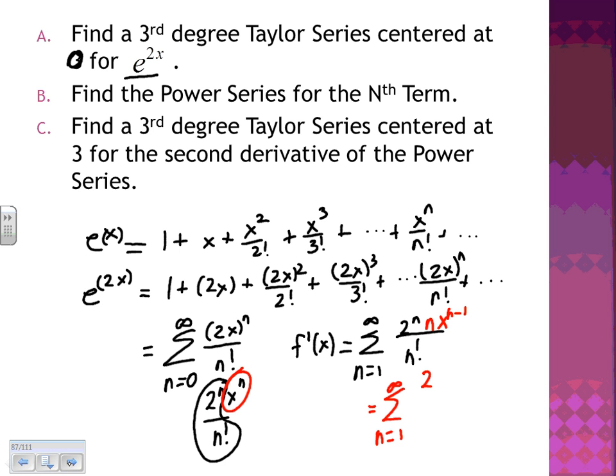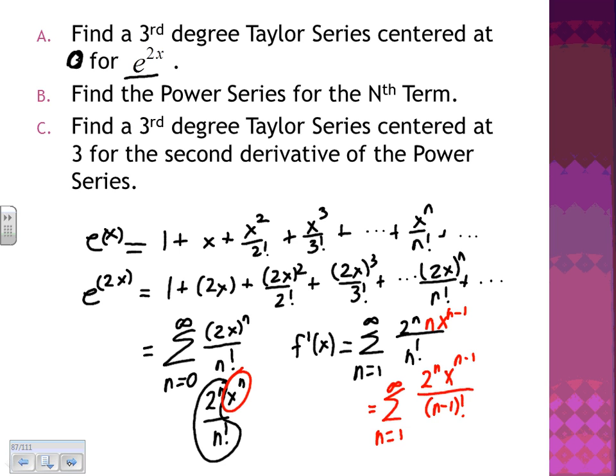Let's see, that could be 2 to the n x to the n minus 1 over... How would that cancel? n minus 1 factorial, right? Yeah. You could pull out an n here and cancel. You could do other things, but what do you think? Okay?